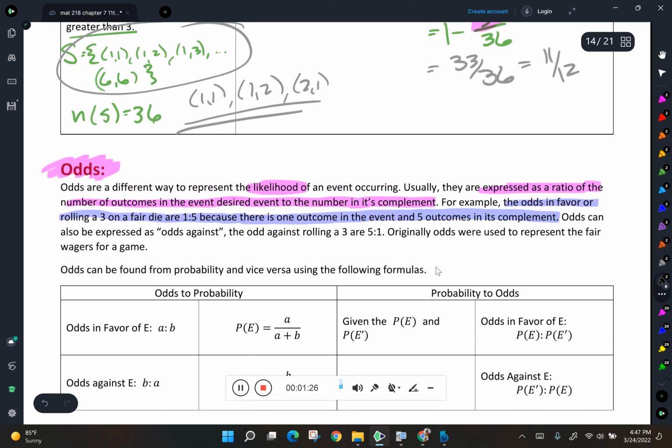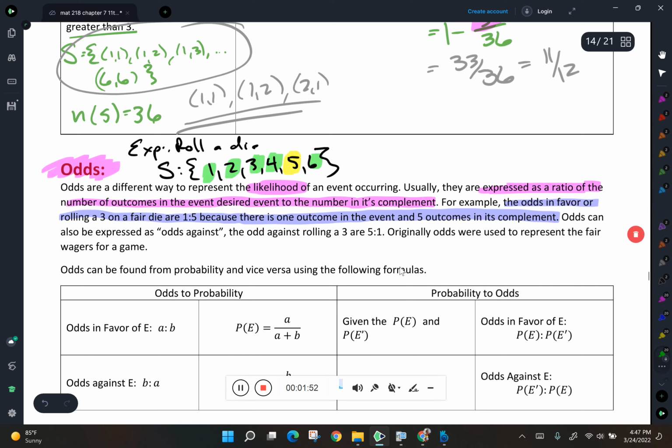Okay, so if you think about the experiment, roll a die, you have a sample space, and that sample space is 1, 2, 3, 4, 5, and 6. Now, if you want the event to occur where you roll a 5, there's one way to do it, and there are 1, 2, 3, 4, 5 ways to not do it.